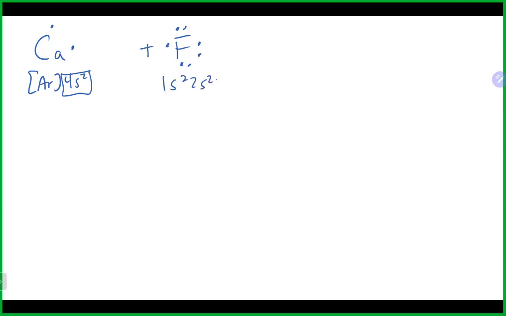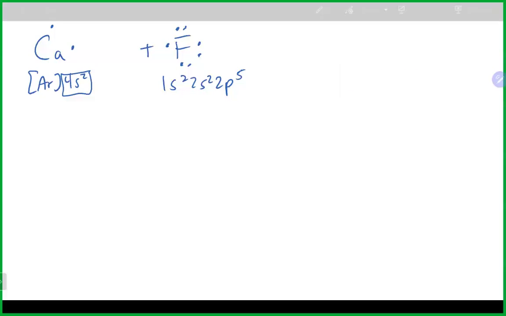1s2, 2s2, 2p, they're 9, right? So 5. Let me get that right. I can't do the 5 today for some reason. 1s2, 2s2, 2p5. And in this particular case, we're going to see the same thing. This again is our metal, non-metal.